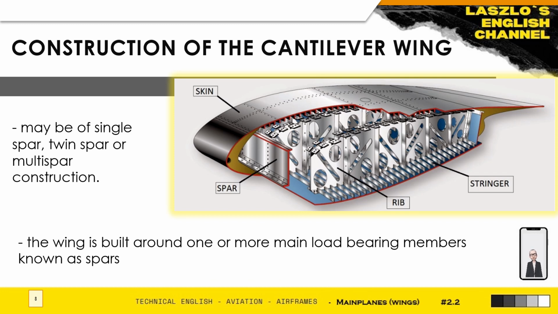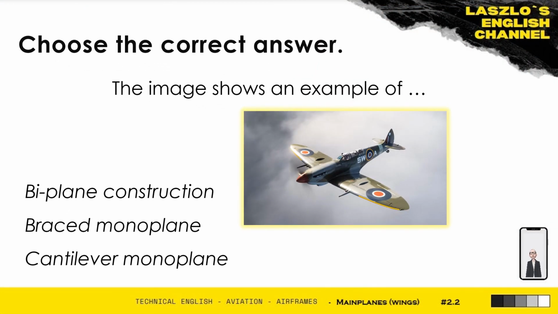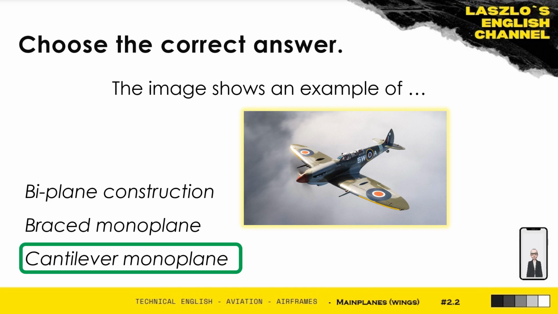Let's have a look at a quick quiz now. A couple of questions. Choose the correct answers as a quick review of our topic today. This image shows an example of biplane, braced monoplane or cantilever monoplane. 3, 2, 1. Hopefully you've all chosen cantilever monoplane, which was the correct answer right here.